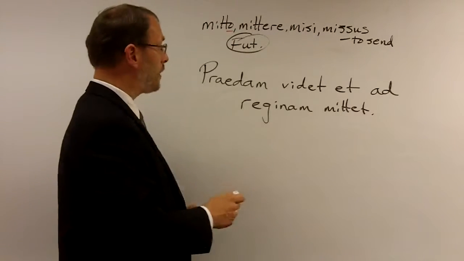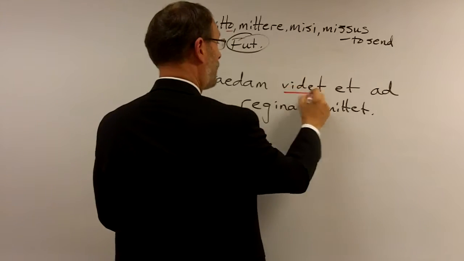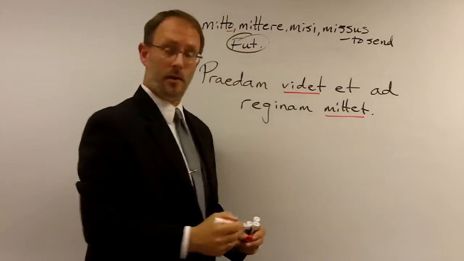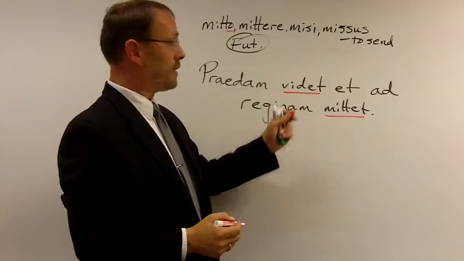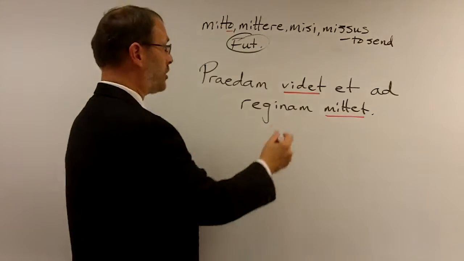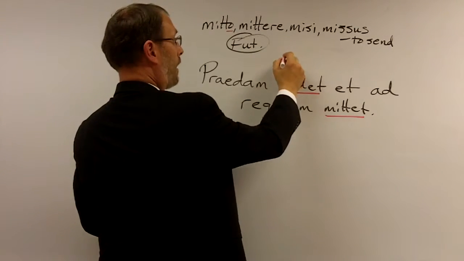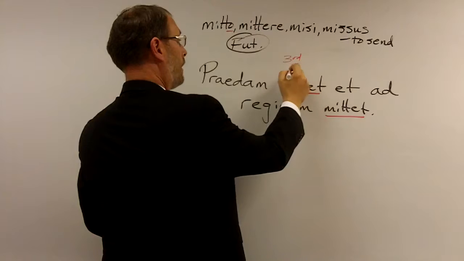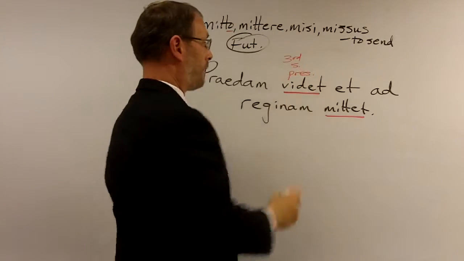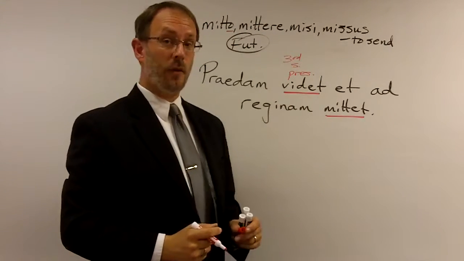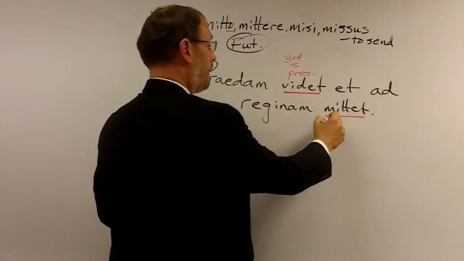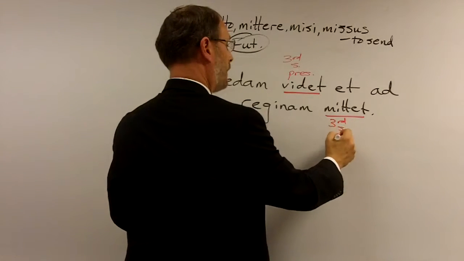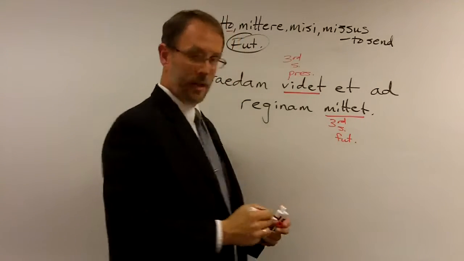What you should have done would be to underline videt and mittet as the two verbs. And since videt is a second conjugation verb, you would have identified that as third person, singular, present tense. But since mittet is third conjugation, it's third person, singular, future tense.